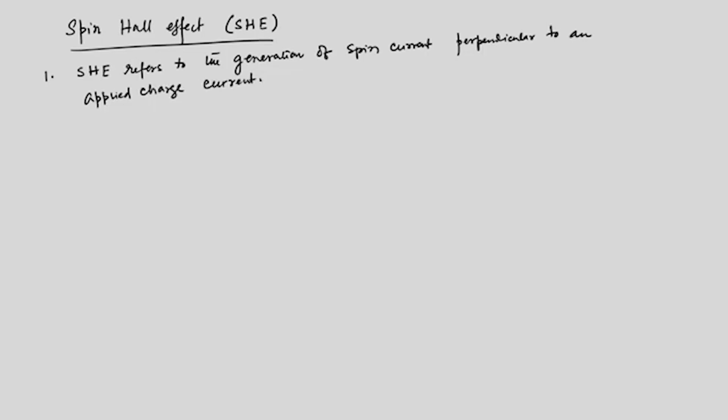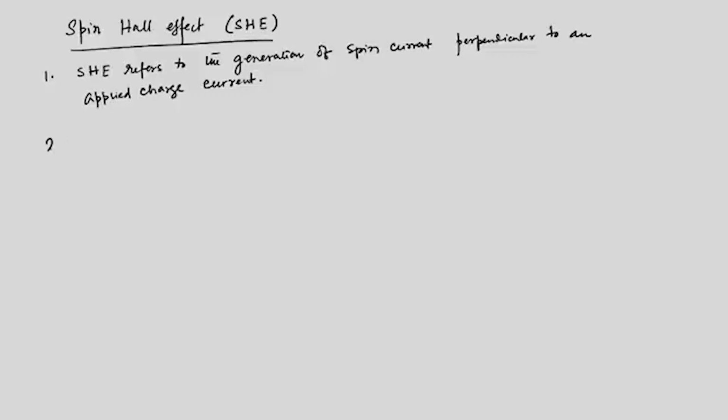So, what is a spin current? We will see in a while through some illustrative diagrams. It is basically like when the charges get segregated, there is a generation of a voltage, and here in a similar manner the spins will get segregated, and that will give rise to a voltage, and this voltage creates a current. We will talk about spin current in just a while. And so, this is called the spin Hall effect.